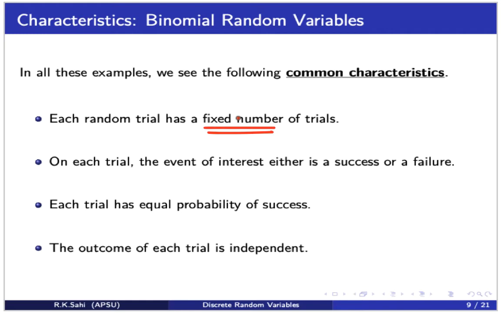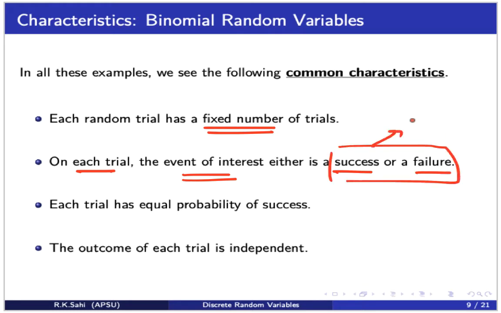And in terms of coffee preference, whether it's latte or cappuccino, how many customers were randomly picked? 50. So the number of trials is fixed. Now, for every trial, the event of interest, depending upon what we consider of interest, is either a success or a failure. That means two possible outcomes.